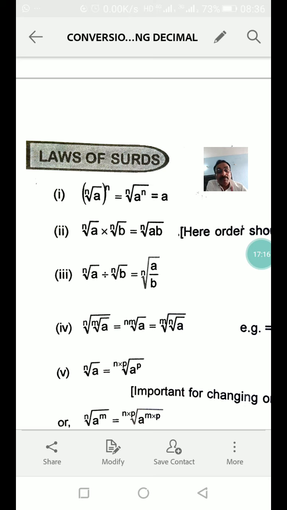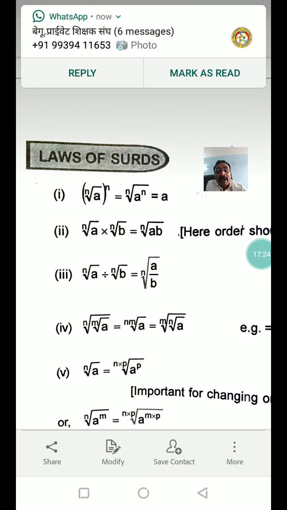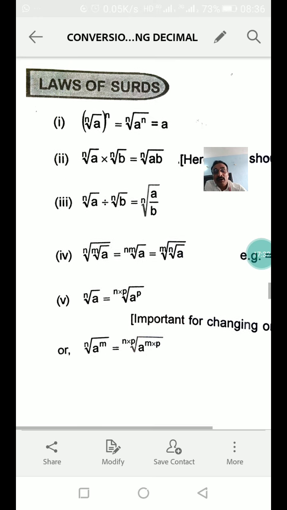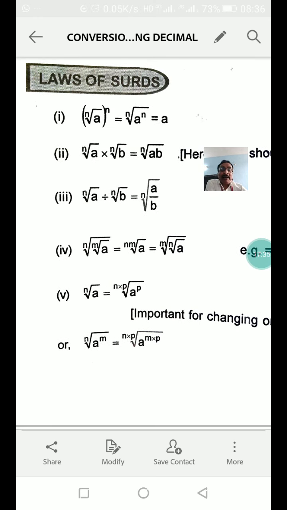Next property: nth root of mth root of a equal to mnth root of a. For changing order, you can multiply n and also multiply the power of a.